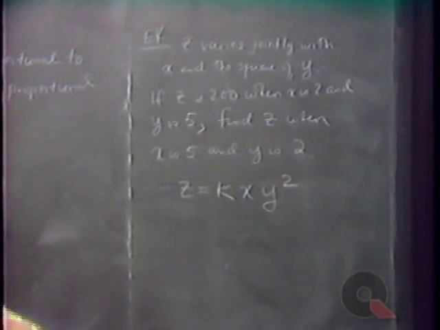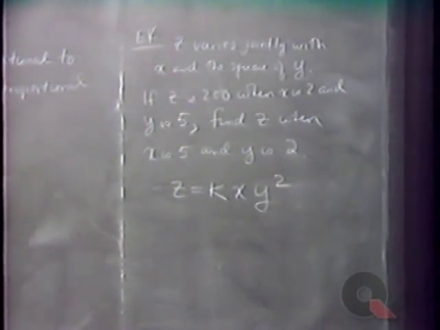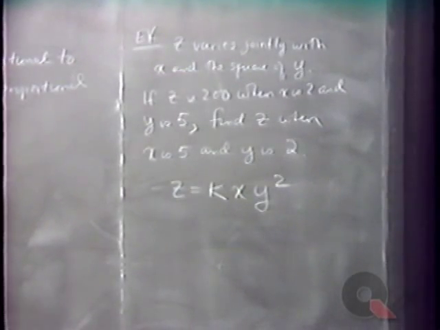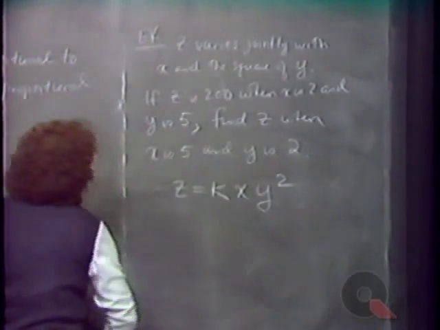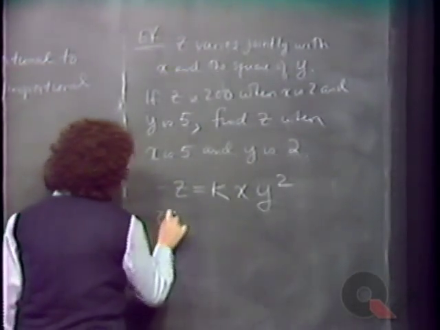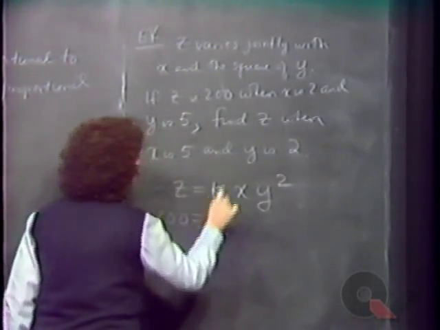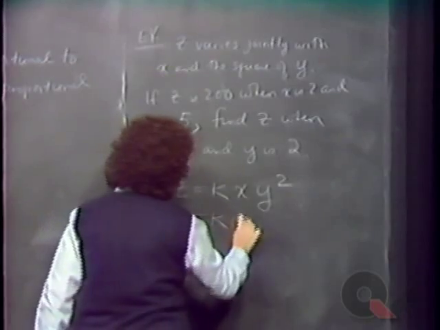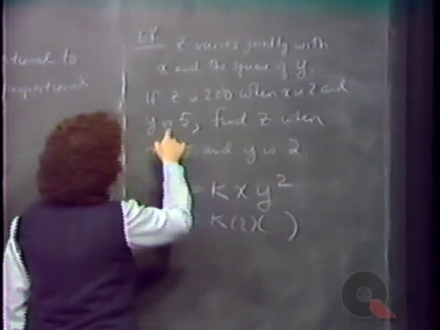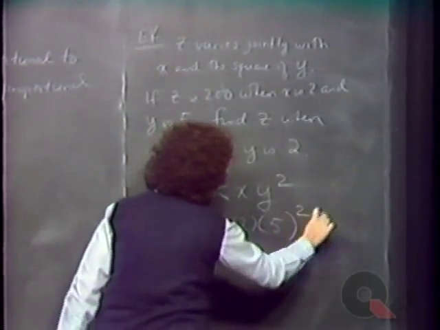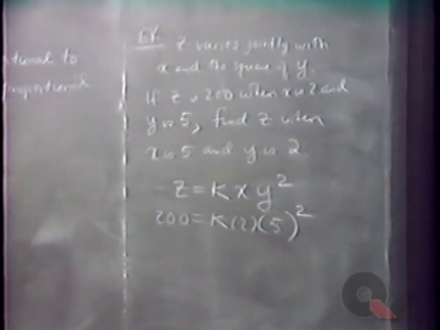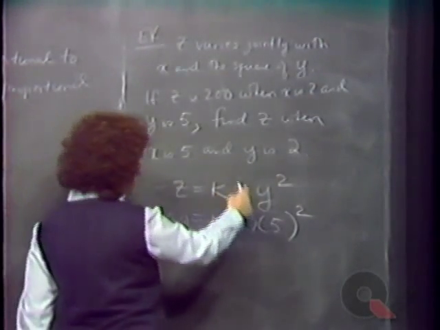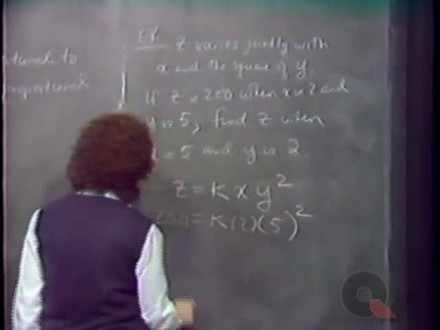We would write down that z is equal to k x y squared. We are now told that z is 200 when x is 2 and y is 5. And from this, we will be able to find k. Z is 200 when x is 2 and y is 5.